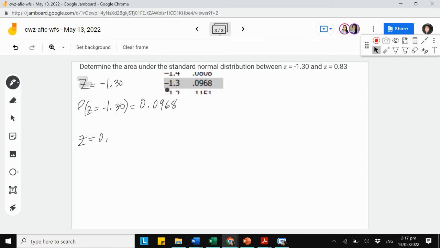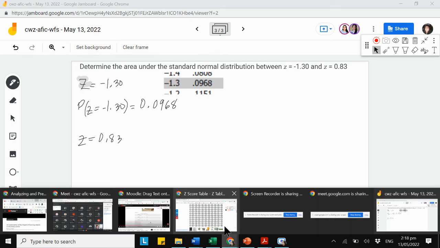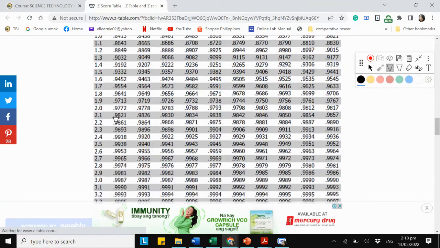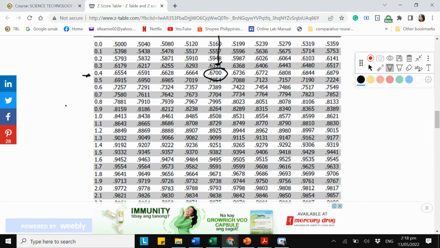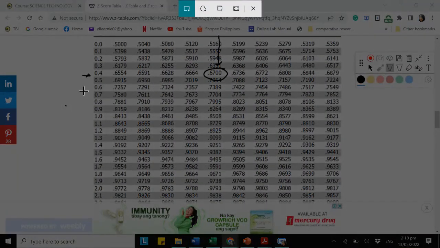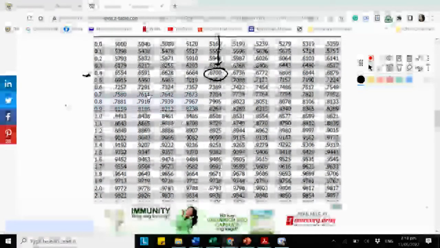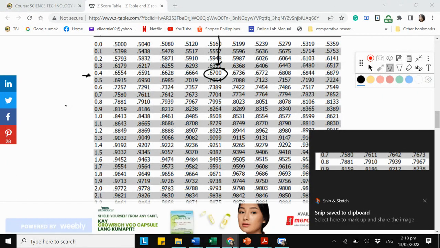Now, yung isa, z is equal to 0.83. Okay? So, punta ulit tayo sa table, punta tayo sa positive. 0.83 tayo, di ba? Okay. So, ito yon sa area na to. So, 0, 1, 2, 3. So, hanggang dito ang kukopyahin natin.